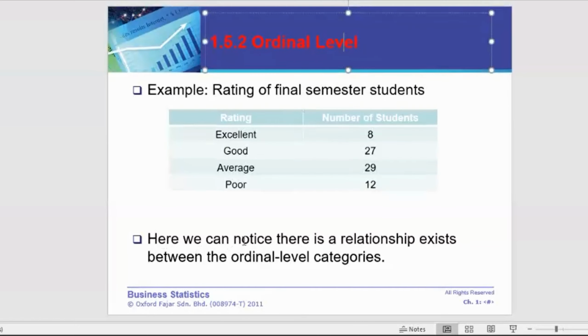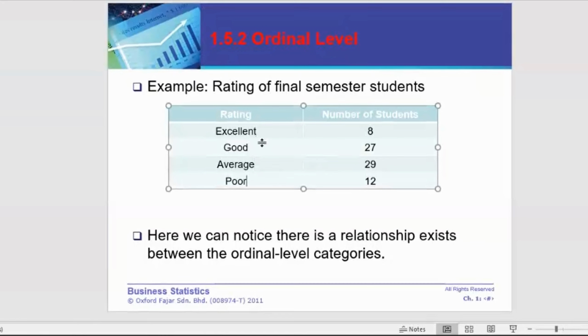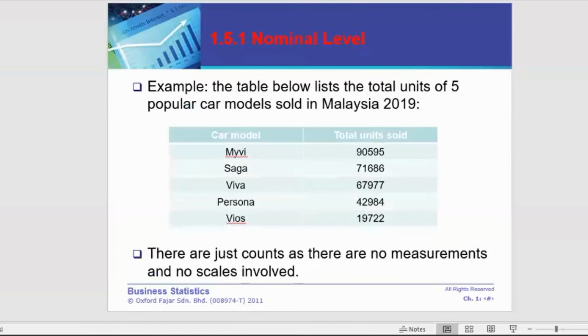Here we can notice there is a relationship between the ordinal level categories. So here there is still a relationship: we know excellent is a higher ranking compared to good, while good is higher than average, while poor is lower than average. So there is still a relationship between those ranks. While when we go to the previous level of measurement, the nominal level, there is no relationship between these ranks or between these numbers.